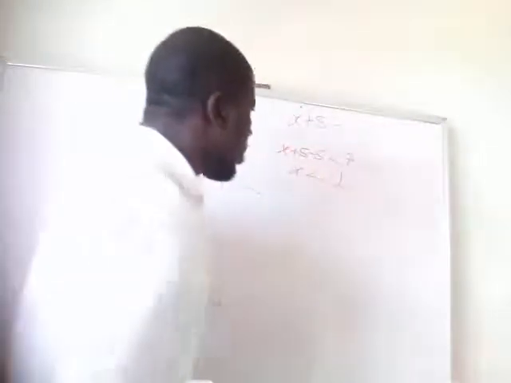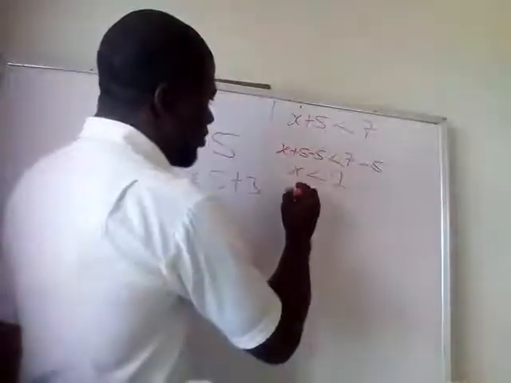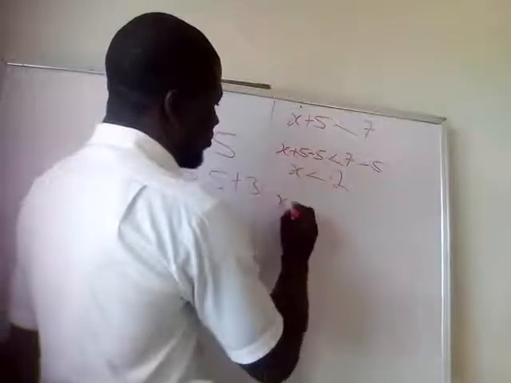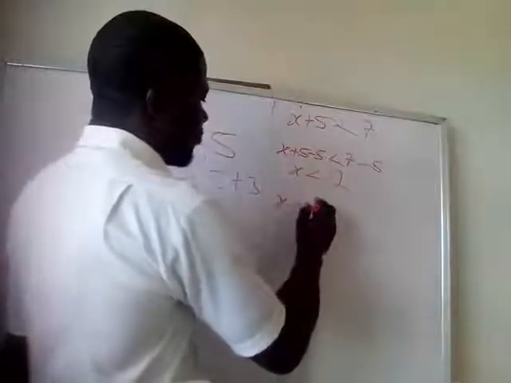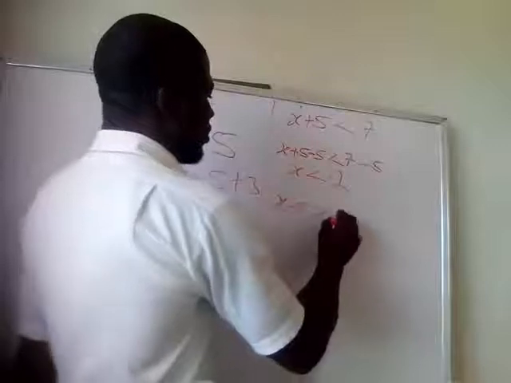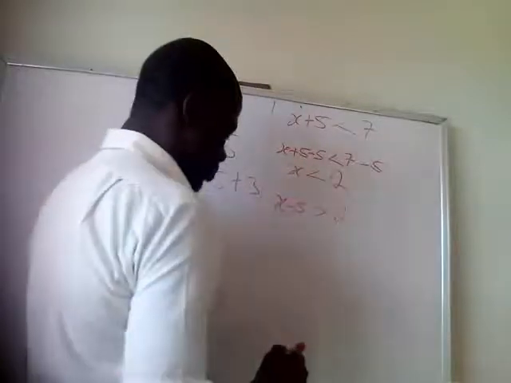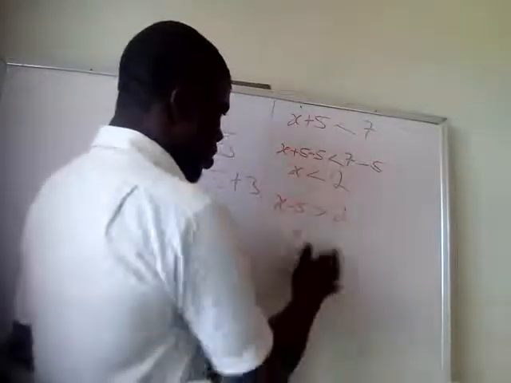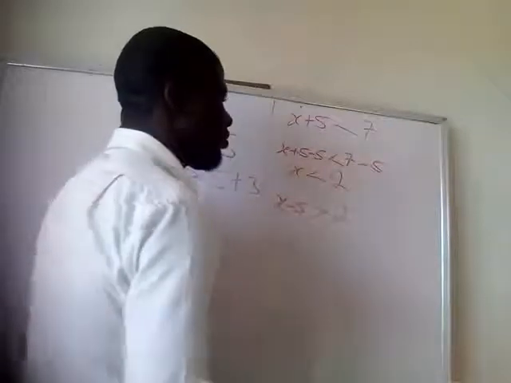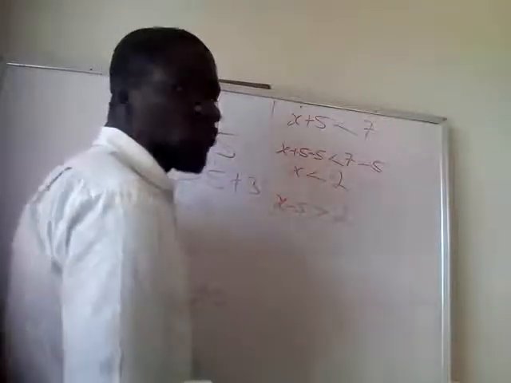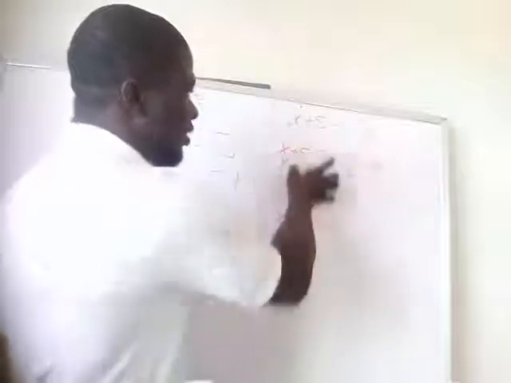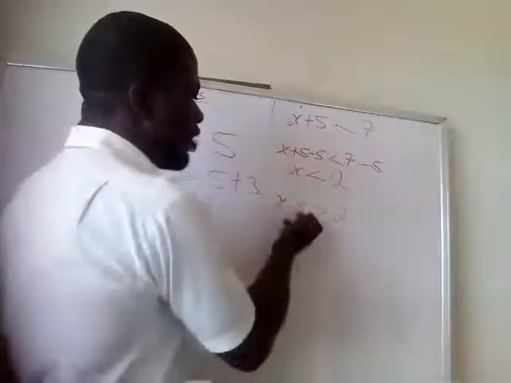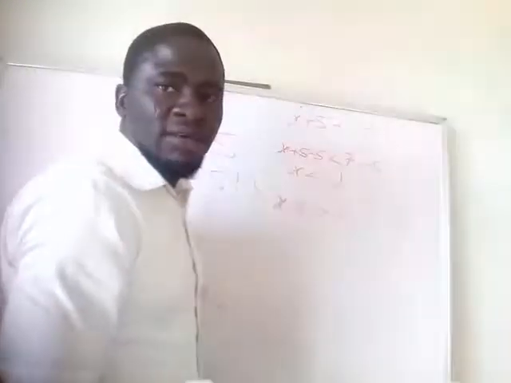So the next one is, let's say you are given x minus 5 is greater than 2. Okay, leave it like that. x minus 5 is greater than 2. Like we did here now, how will you remove minus 5 from the left hand side?